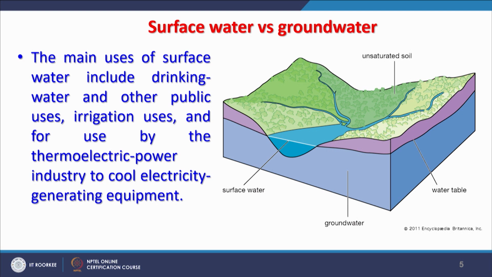The surface water can be supplied for drinking purposes and public uses, also for irrigation, and for other industries like thermoelectric power, to cool electricity generating equipment. I also mentioned thermal power plants which burn coal and create steam; for steam generation again you need water. So, a lot of water is required.